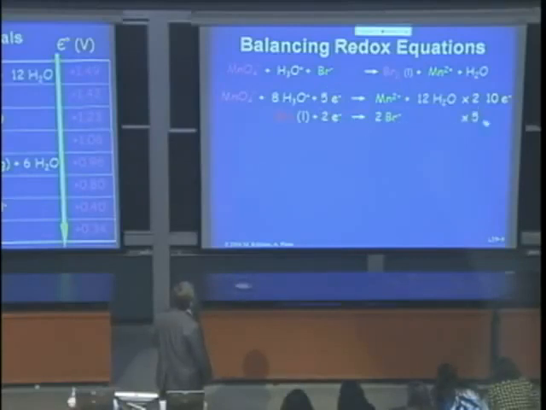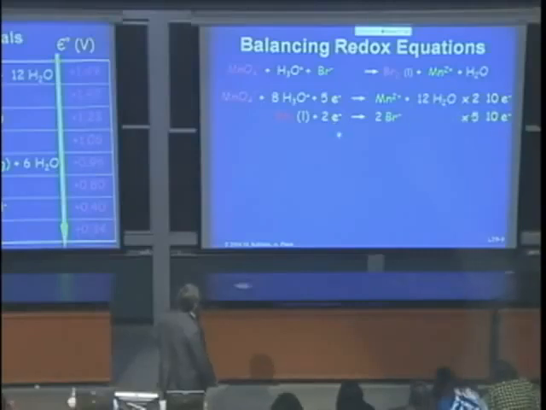I multiply this by 5, so I have 5 Br2 plus 10 electrons gives 10 Br-, okay? But this is written wrong. I need to have this on this side here, okay? So I multiply it with -1, so that gives the 10 electrons.